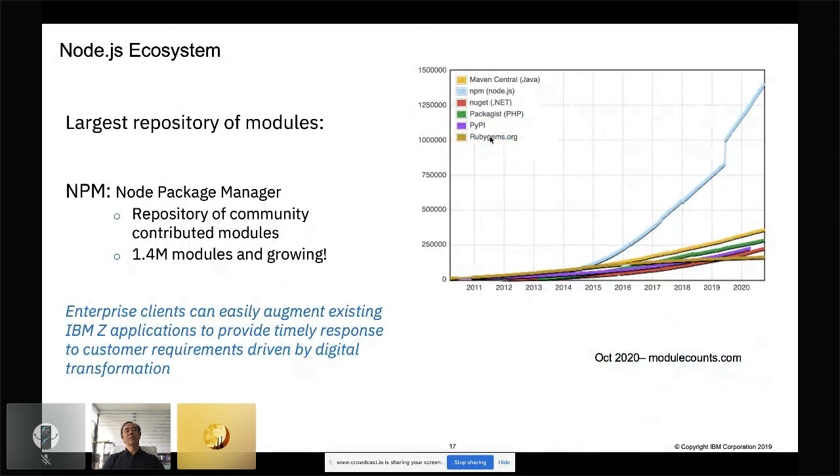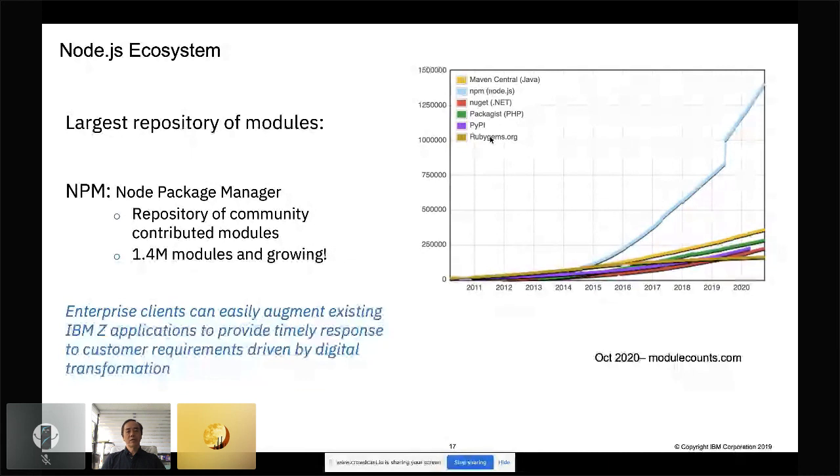The good thing about this is those modules are already written and tested by other people, so you can actually use those modules to augment your existing IBM Z applications, and provide very timely response to customer requirements driven by digital transformation. Because it's such a competitive world that if any requirements come in, they expect it to be delivered very quickly.